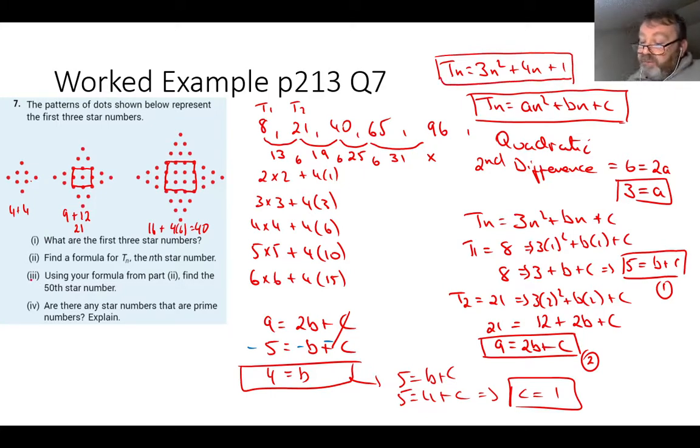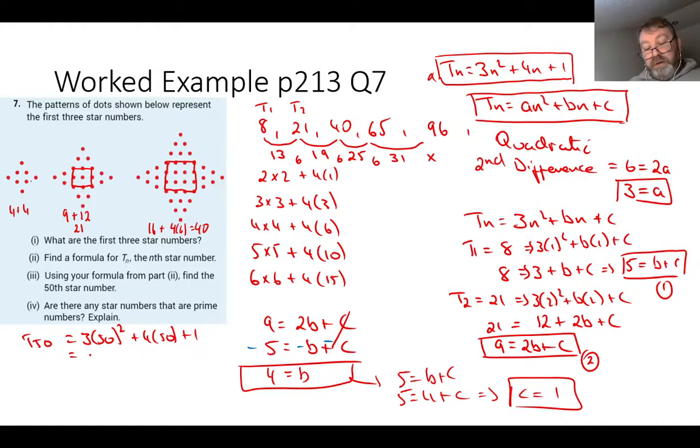And then it says down here in part 3, using your formula from part 2, find the 50th star. So you're going to use T of n, and you're going to write out T of 50. So T of 50 is 3 times 50 squared, plus 4 times 50, plus 1. Now get your calculator to do that.